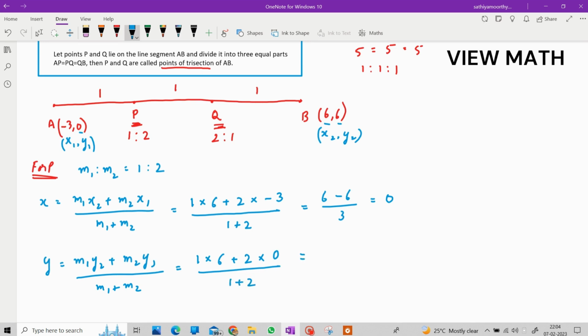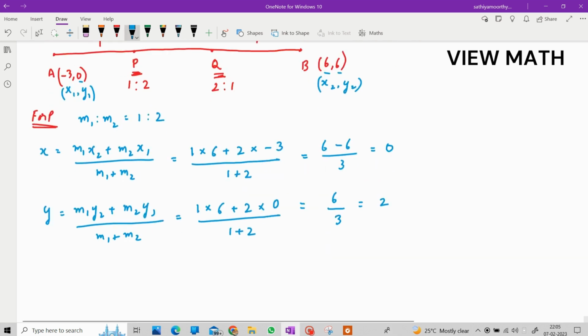So this is equal to 6, now 2 into 0 is 0, so divided by 3, which is equal to 2. So now we have found out the coordinate of P. Therefore the coordinate of P is equal to 0, 2.